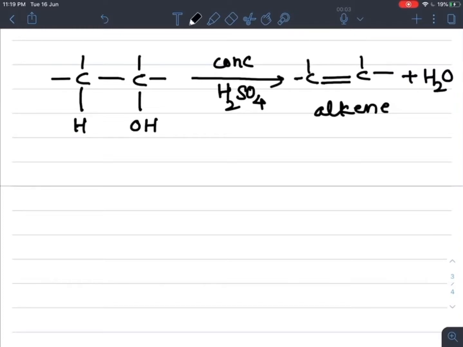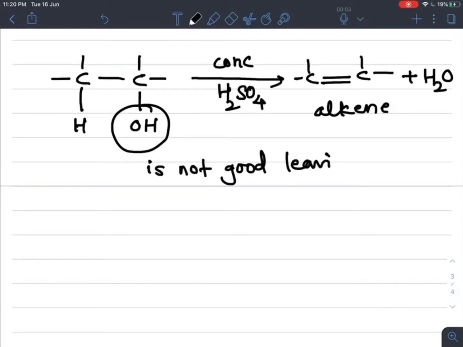Now when this reaction takes place, the OH group is not removed easily. The OH group is not a good leaving group, means it does not break off easily.